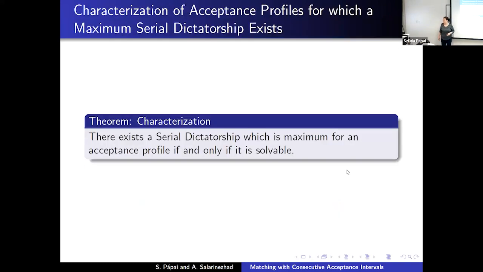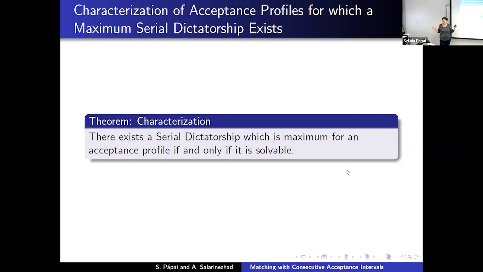Okay, so now we have a characterization of the acceptance profiles for which a maximum serial dictatorship exists. It's just in terms of these solvable acceptance profiles. There exists a serial dictatorship which is maximum for an acceptance profile if and only if it is solvable.